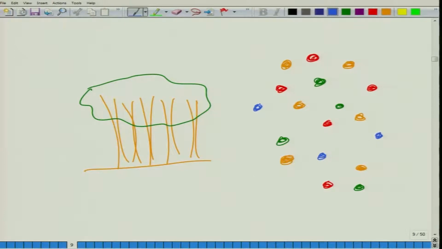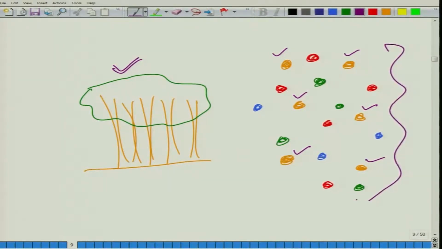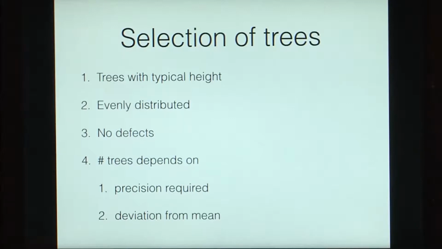If we look at trees of one kind, we have these trees that are separated from each other. If we took trees that are very closely distributed together, then these values might not be representative of the field situations, which is why we go for evenly distributed trees.